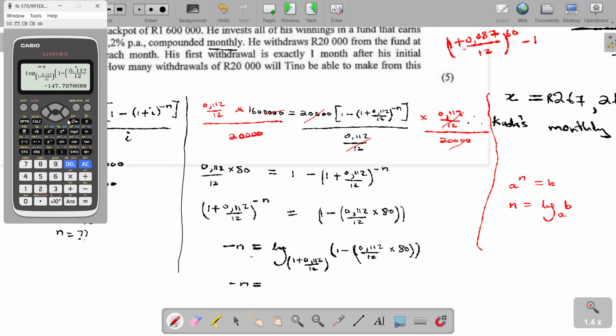So we are getting 147.7, which is negative.